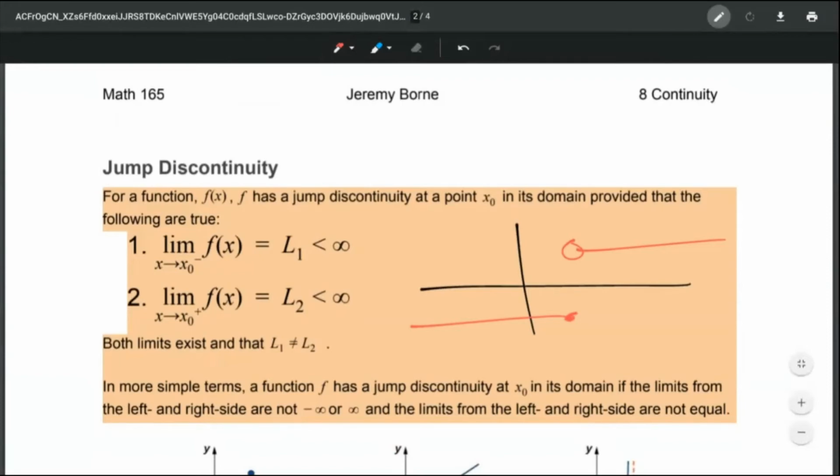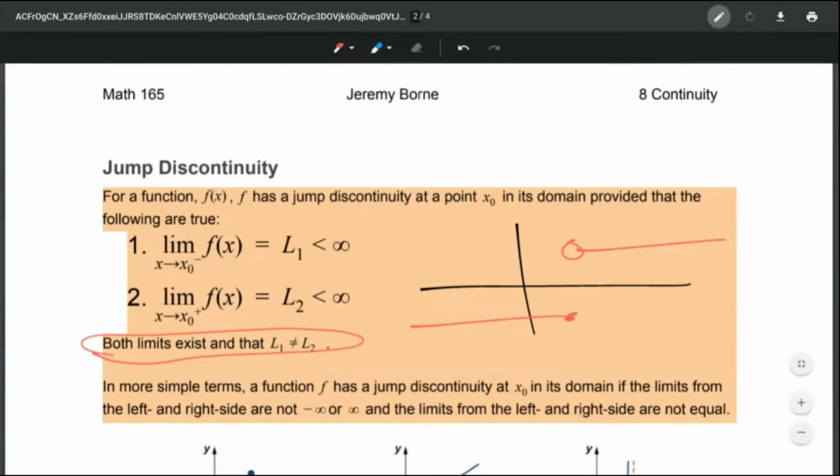The limit as x approaches x sub 0 from the left of f of x is equal to L sub 1, which is less than infinity, and the limit as x approaches x sub 0 from the right of f of x is equal to L sub 2, which is less than infinity. And it has to be true that both limits exist and L sub 1 does not equal L sub 2, so they don't go to the same value. Basically, the limit doesn't exist.